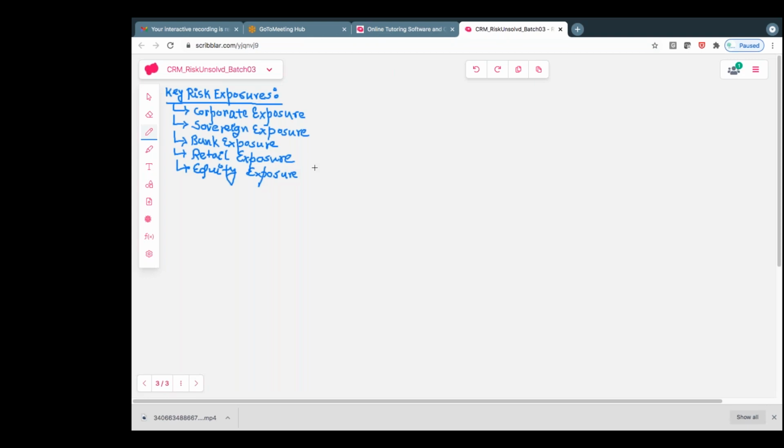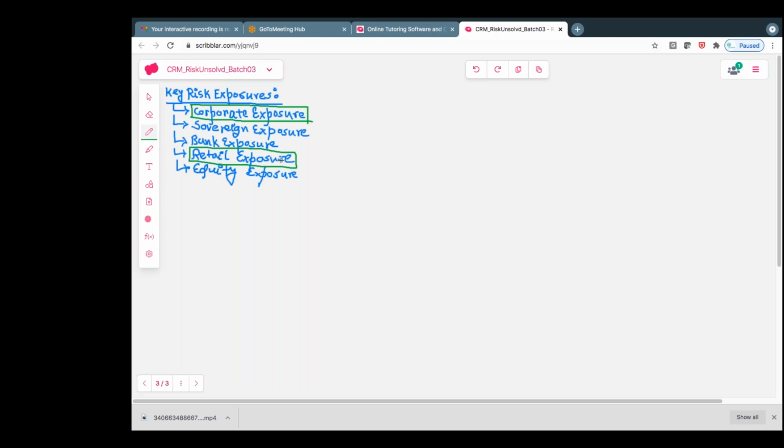Right now, in our credit risk modeling module, the hands-on part that we mostly focus on will not be focused on all of them, right? So we will be mostly focusing on the corporate exposure, and we will be focusing on the retail exposure mostly.